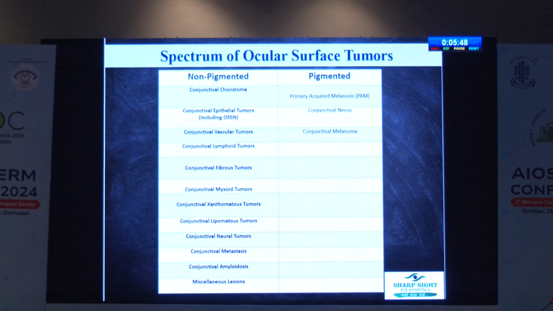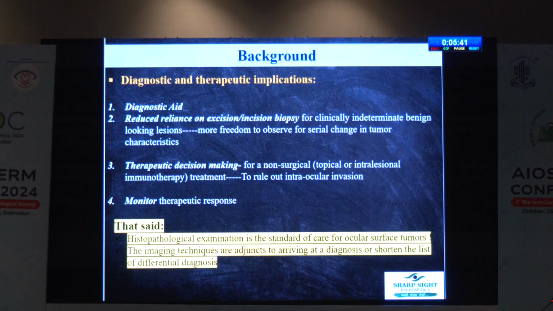There's a huge spectrum of ocular surface tumors, and many of these can be differentiated amongst themselves using these imaging techniques. So what is the implication of using them? Is it just diagnostic? No. They are a diagnostic aid, but they also decrease the reliance of an ocular oncologist on excision or incision biopsy.